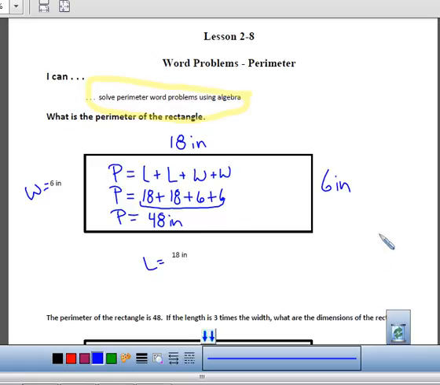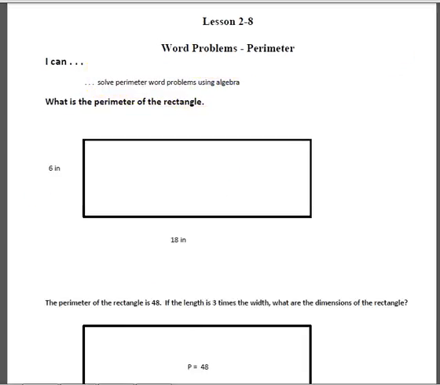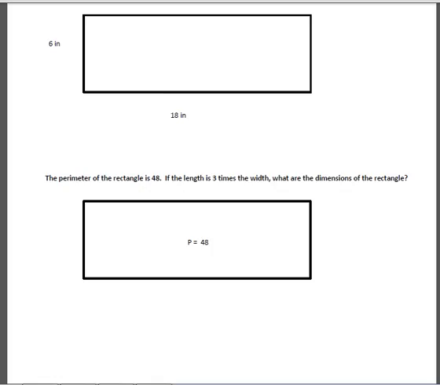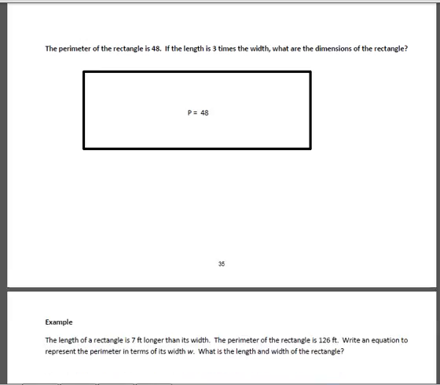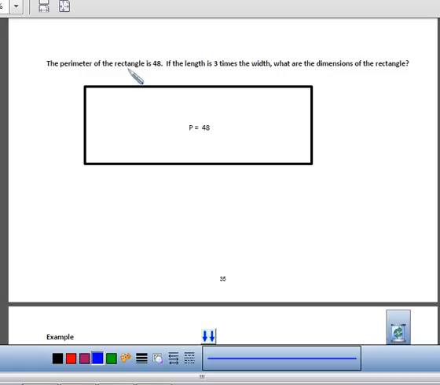Alright, so now we're going to see what it will look like in a word problem. And we're actually using the exact same rectangle, so we already know the information that we're going to end up with. The perimeter of the rectangle is 48 inches, and you can see that it's labeled in the middle.